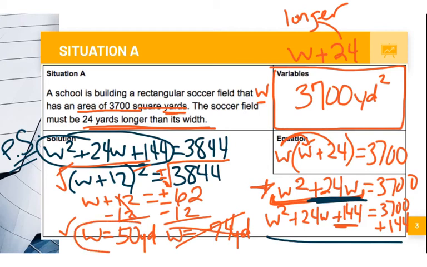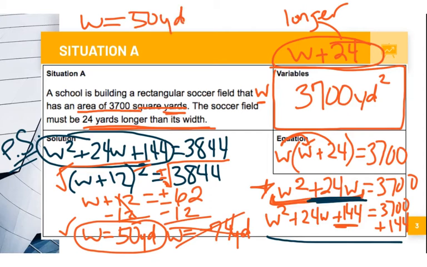So my width here is 50 yards, but remember, my length is 24 yards longer than that. So if my width is 50 yards, my length would be 24 yards more than that, right?